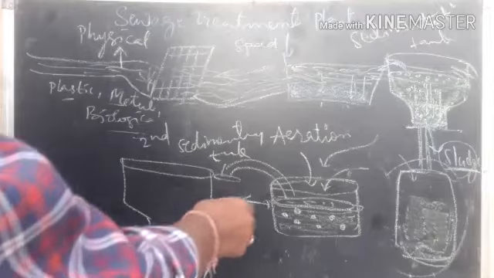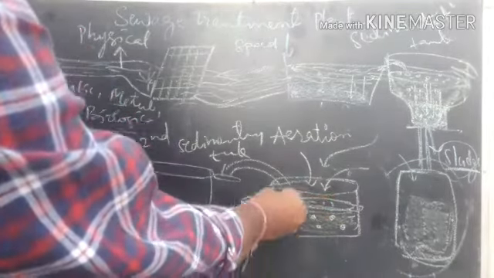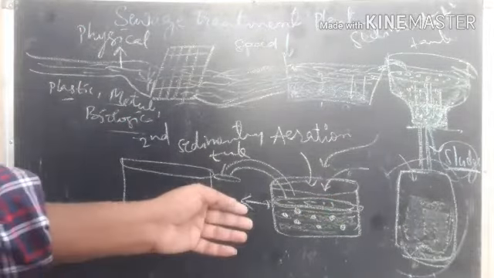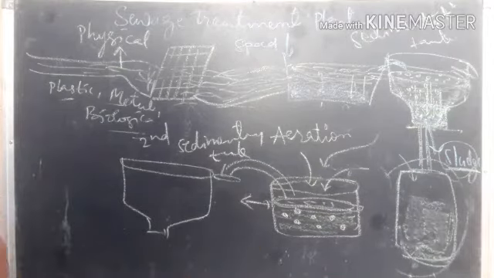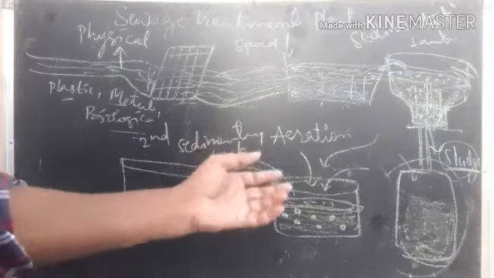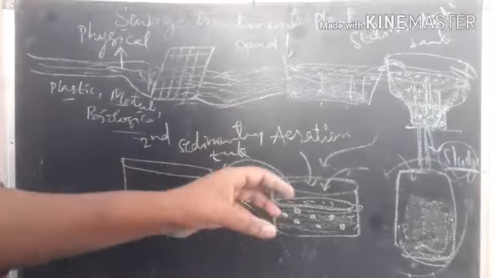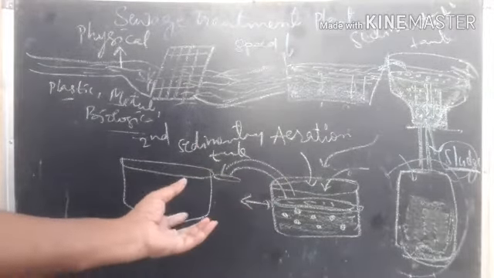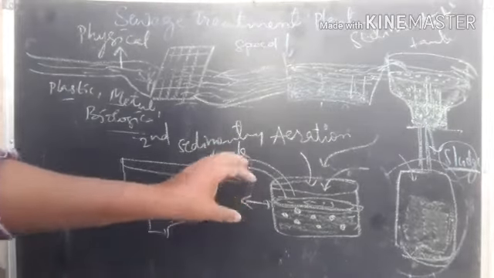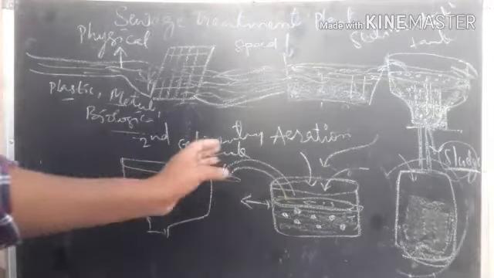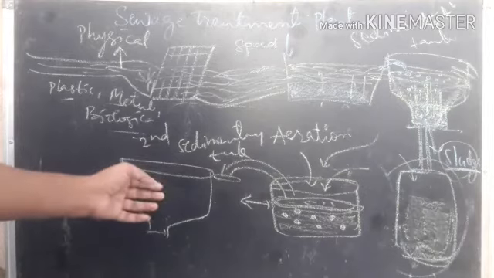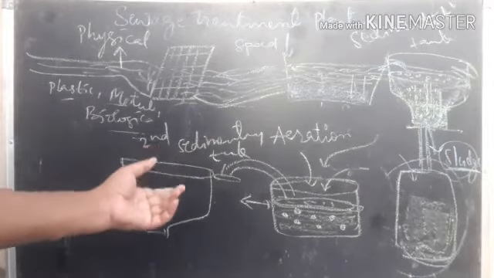Now after aeration, after allowing air into the tank, the aerobic bacteria grow rapidly and eat the food waste, soap waste and human feces. By the aerobic bacteria, the water becomes clean, right? Now it becomes harmless, so the water is allowed to enter the next tank, the second sedimentary tank.